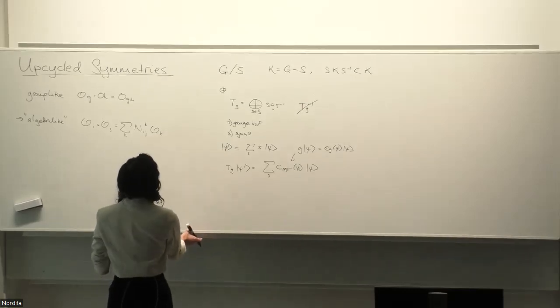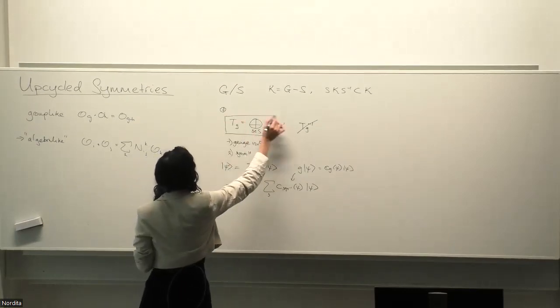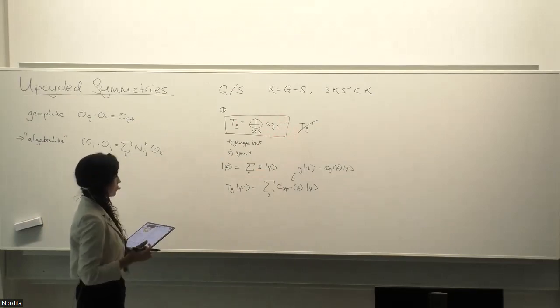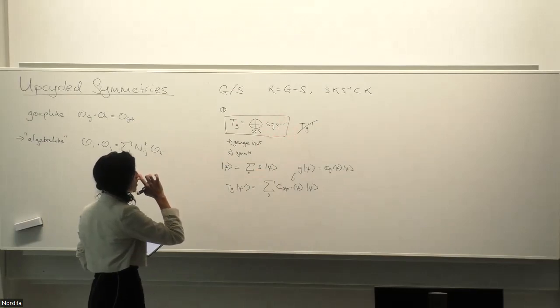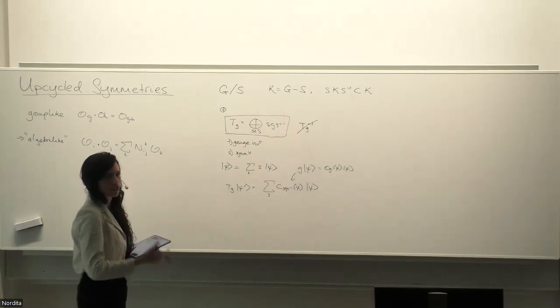So we've defined some new object that's gauge invariant and a symmetry operator, but is not invertible. Without loss of generality, let's assume this to be Hermitian, because you can always form T_g plus T_g dagger.